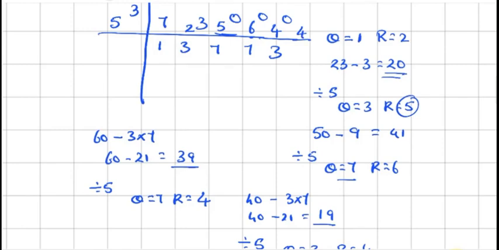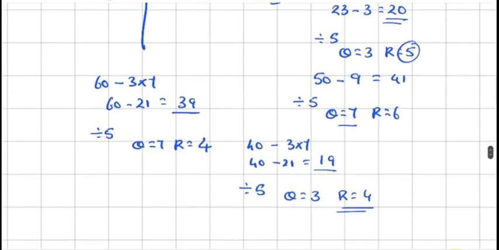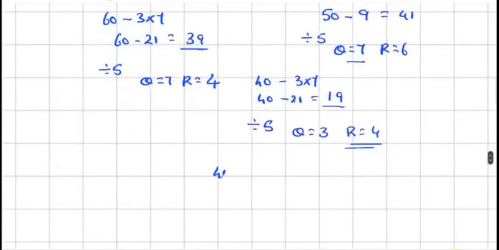If I require one more digit, I'll put here 0, and once again I divide this. First you have to subtract: 40 minus 3 into 3, so 40 minus 9 will give you 31. In this case I can divide this number with the help of 5.